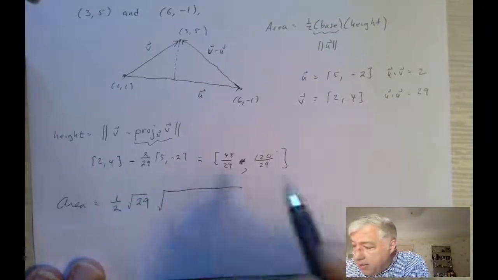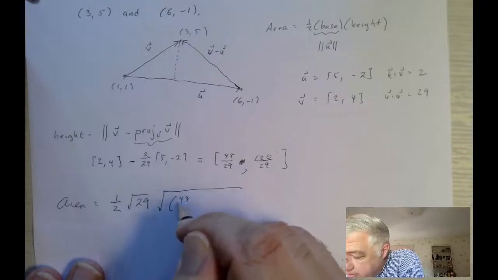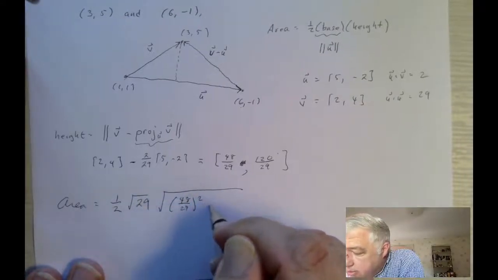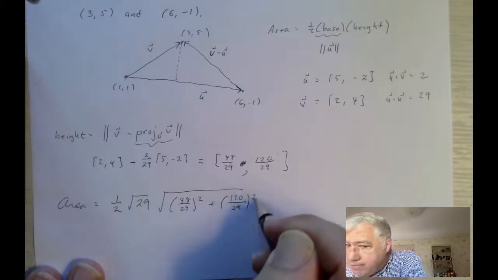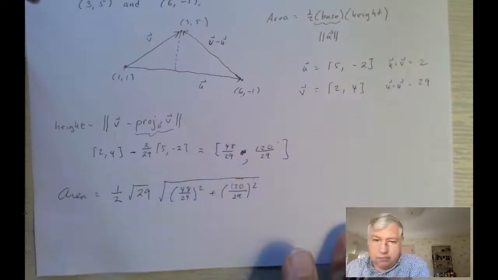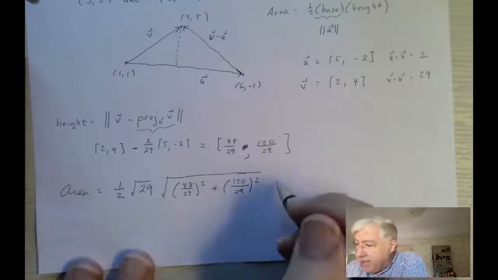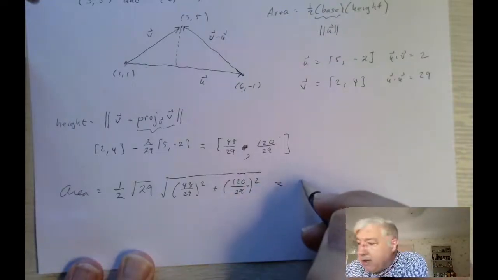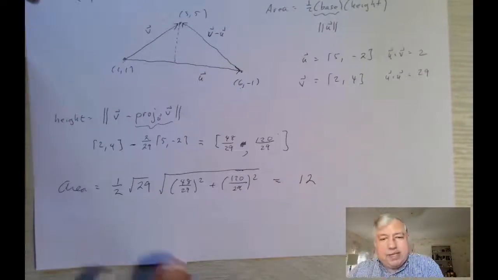And then the height is going to be the length of this vector. Okay. And then you can use a calculator, or you try to simplify this with algebra, and then use your calculator, and amazingly this turns out to be a nice integer, 12. Okay. So that's the area.